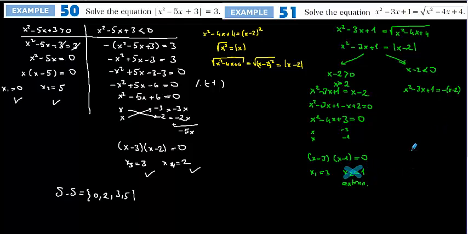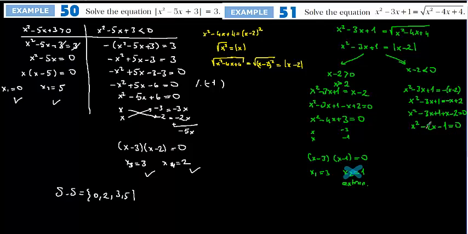And the second one, if I continue here, x squared minus 3x plus 1 is equal to minus x plus 2. Then x squared minus 3x plus 1 plus x minus 2 is equal to 0, which means x squared minus 2x minus 1 is equal to 0.